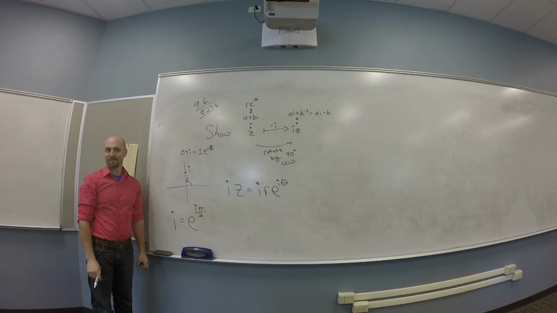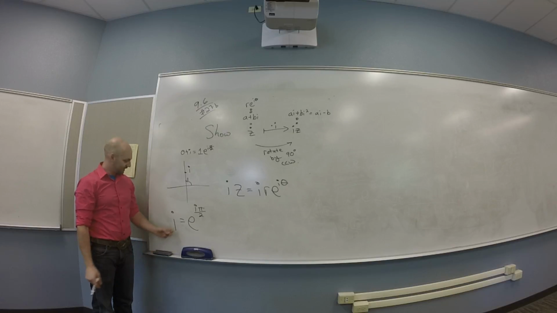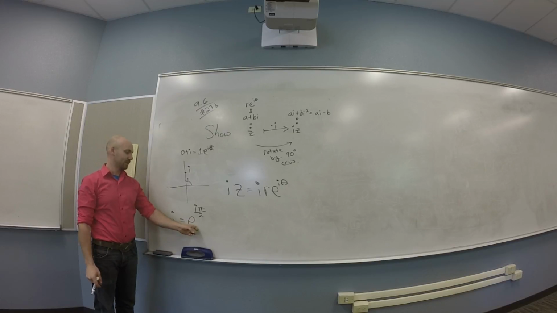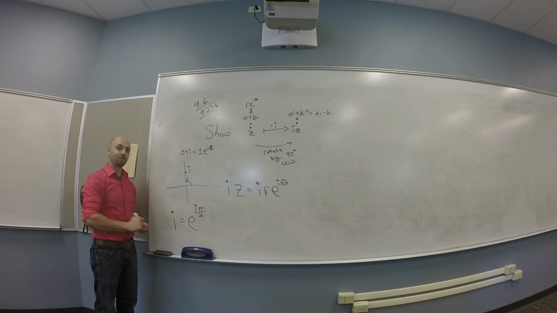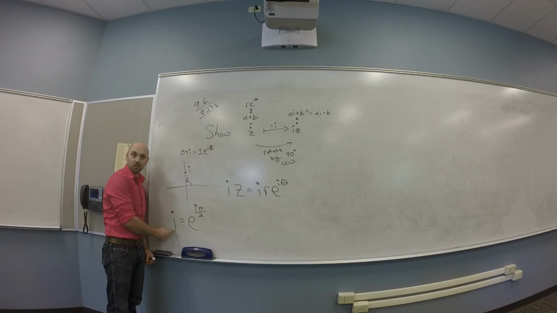That feels really weird, overcomplicated. It seems like you went from something pretty simple to something really jacked up. But in the process, I went from Cartesian coordinates to polar. In Cartesian coordinates, I'm at the point 0, 1.